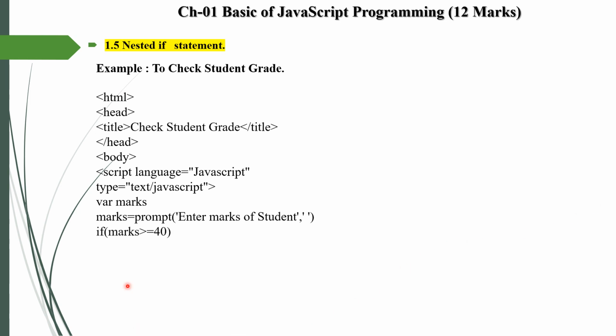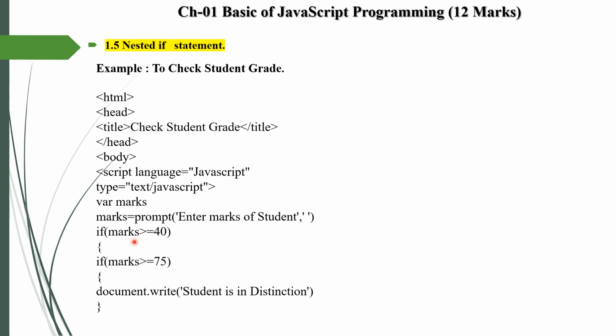Then we check the first condition: if marks is greater than or equal to 40. Then the second condition: if marks is greater than 75. If both conditions are true, then this statement is executed: student is in distinction.